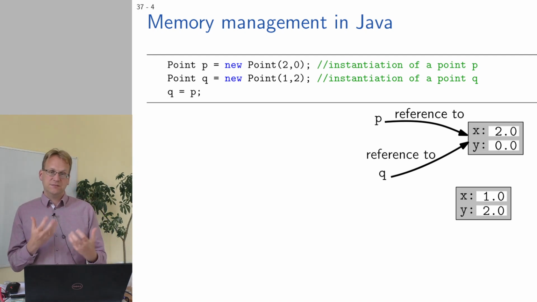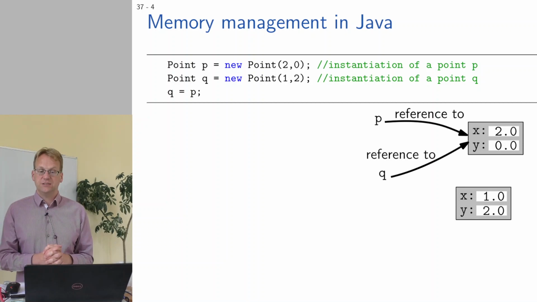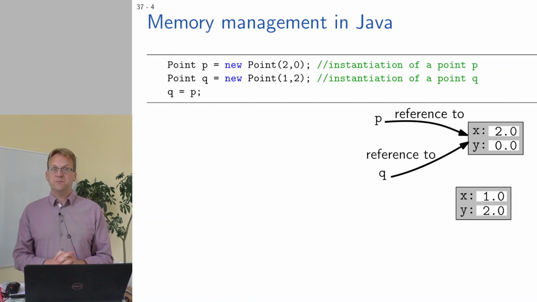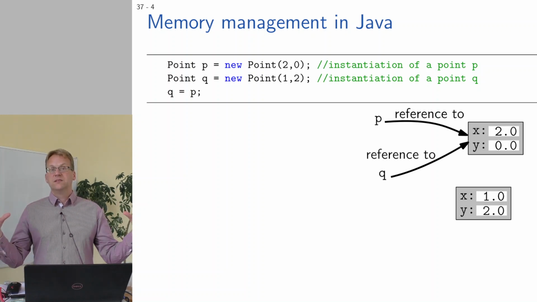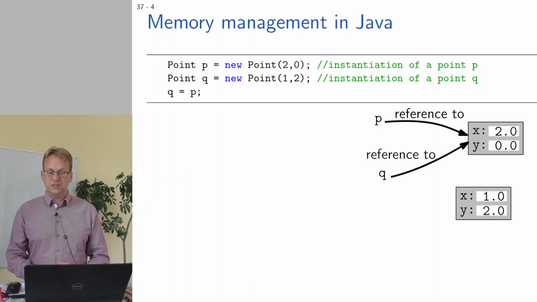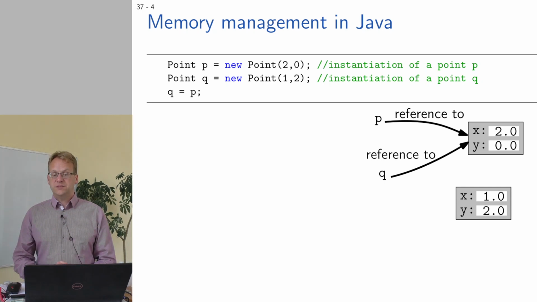So this seems like a memory leak, which in some programming languages is a problem that you would need to handle explicitly. You would need to free this memory explicitly in C++ or C, for example, to avoid that this data will occupy your memory and block it for future allocations.